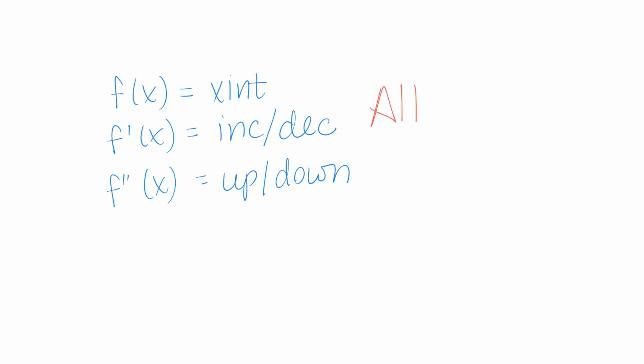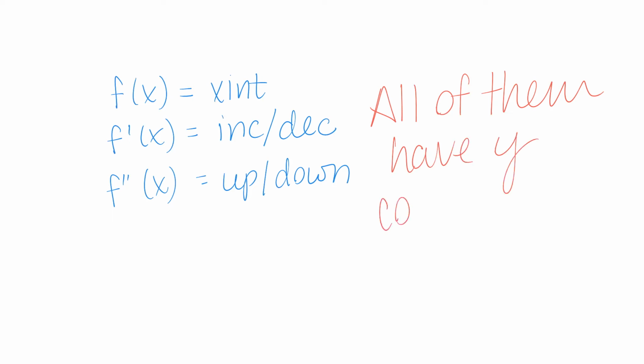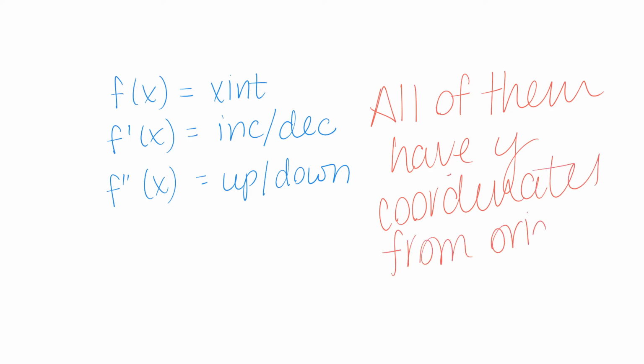All of them have y coordinates from the original function. So if you're asked for the coordinate, the y has to come from the original. Has to. You only get the x from the derivatives. Does everybody get that? I sure hope so.